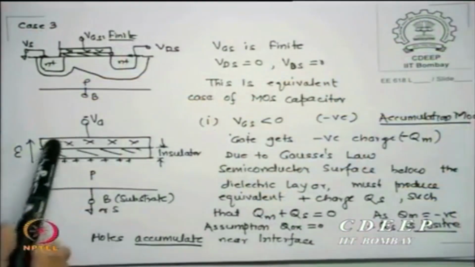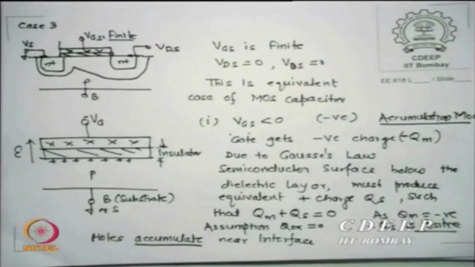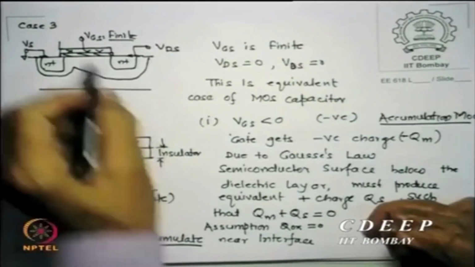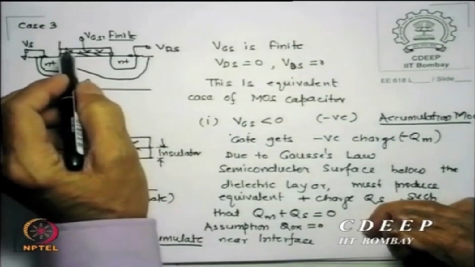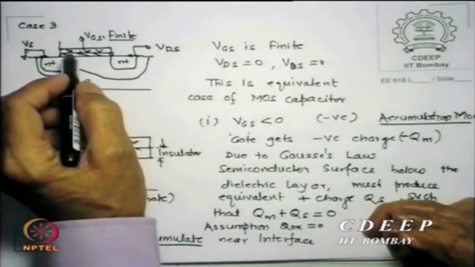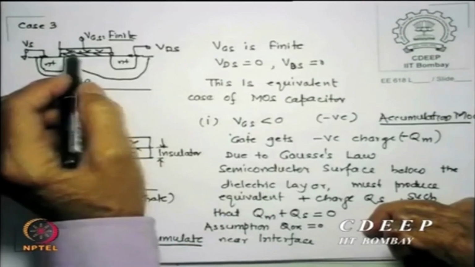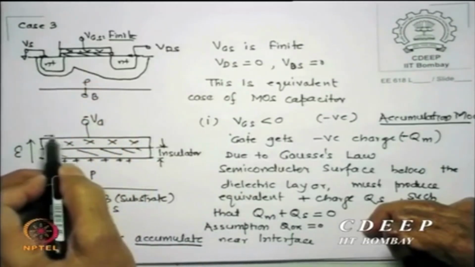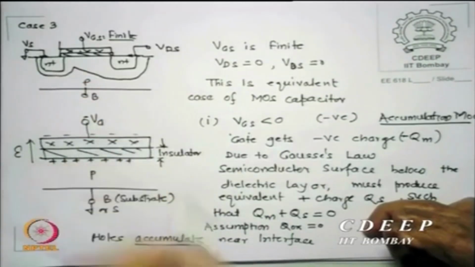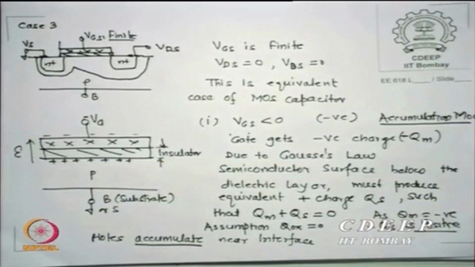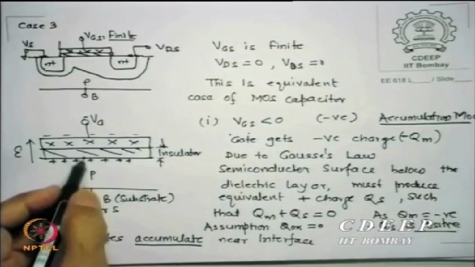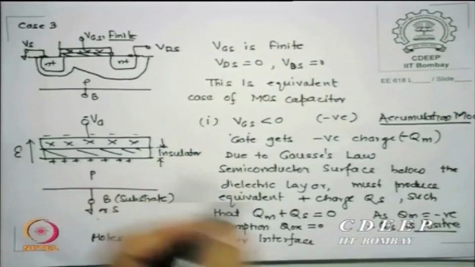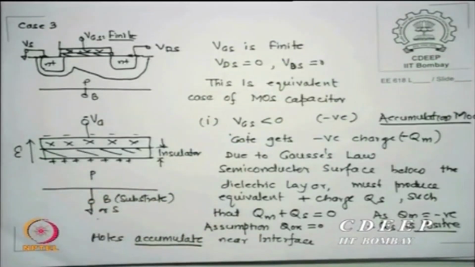If I apply negative voltage on this metal plate, please remember this is metal, it can be silicon also, polysilicon can act like a metal, therefore it is a metallic word we use. So if I apply a minus Vg on the metal plate with reference to the bulk which is grounded, then Gauss's law does not like this system to remain like this, with charge on one plate.